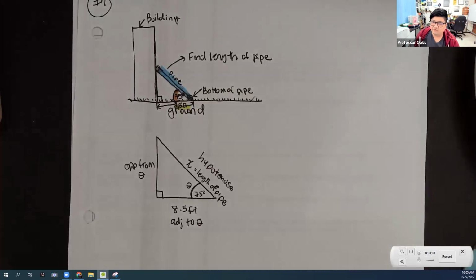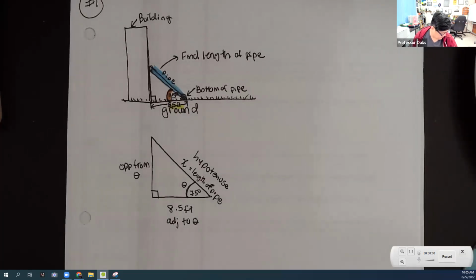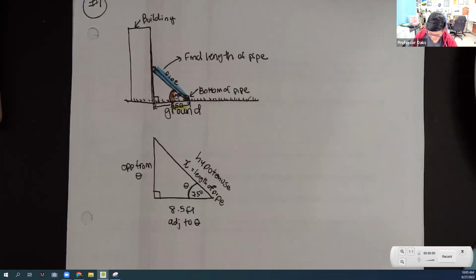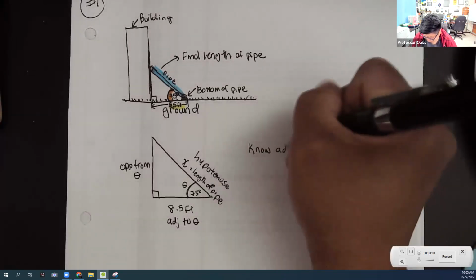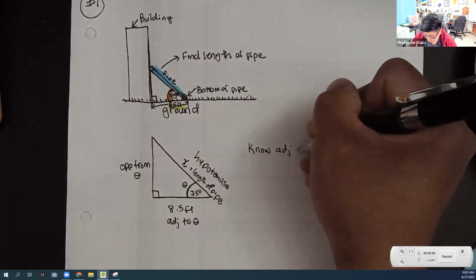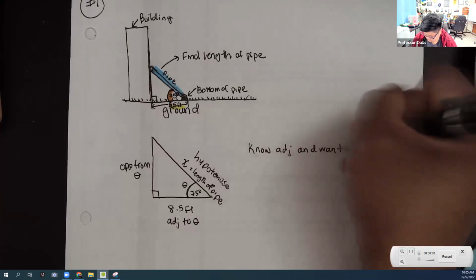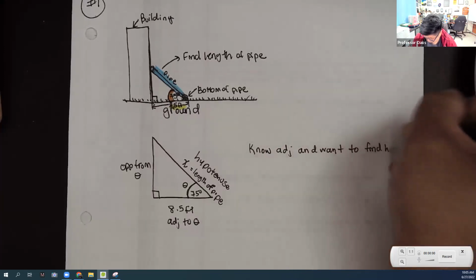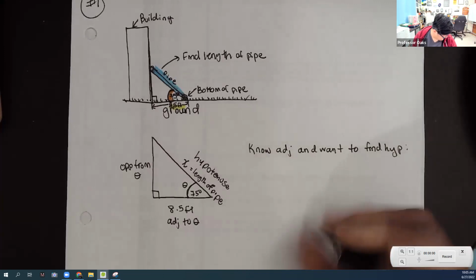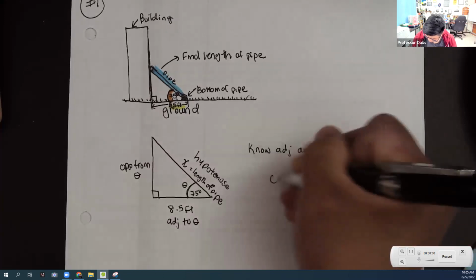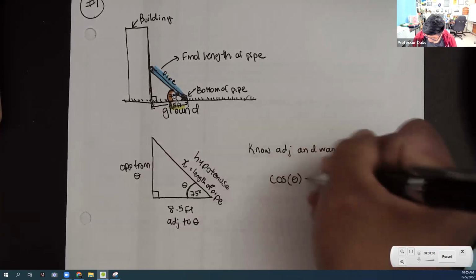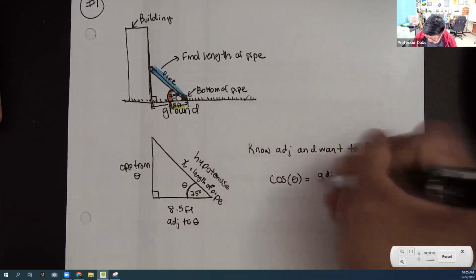If you remember back, if you know the adjacent side and want to find the hypotenuse, then cosine of theta is adjacent over hypotenuse.